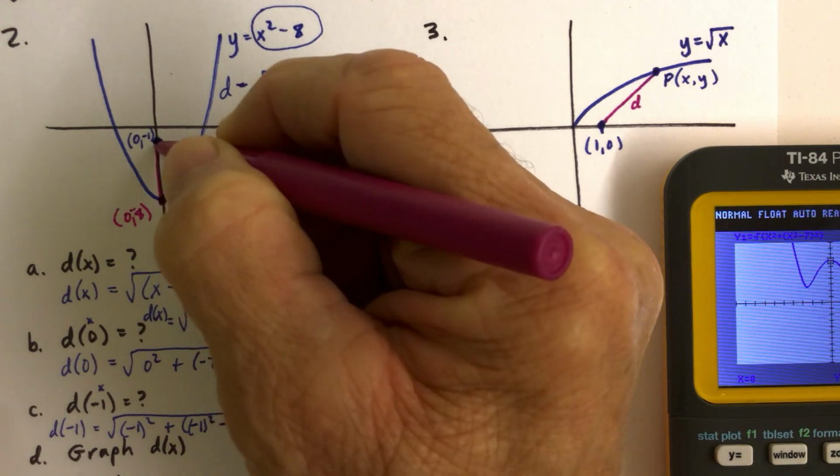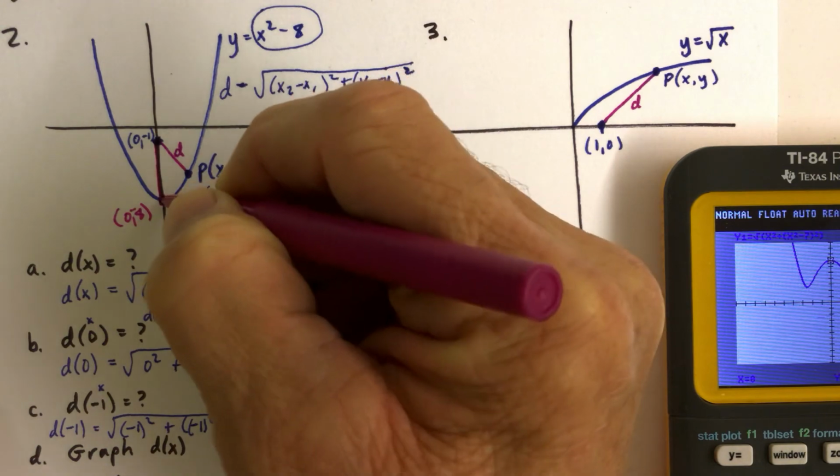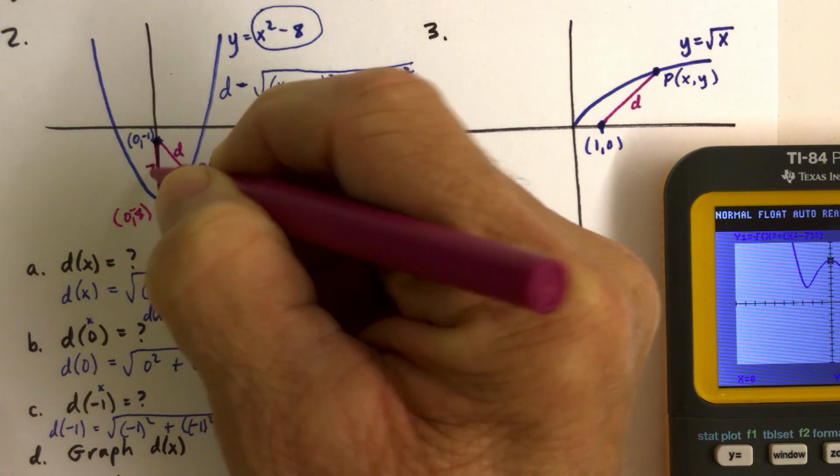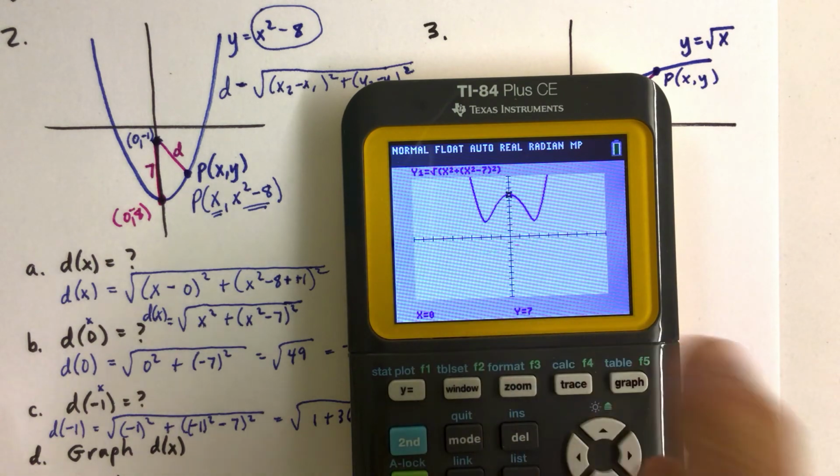And we're calculating the distance between the point 0, -1 and the point 0, -8, which would be 7. And that graph shows that, 0, 7.